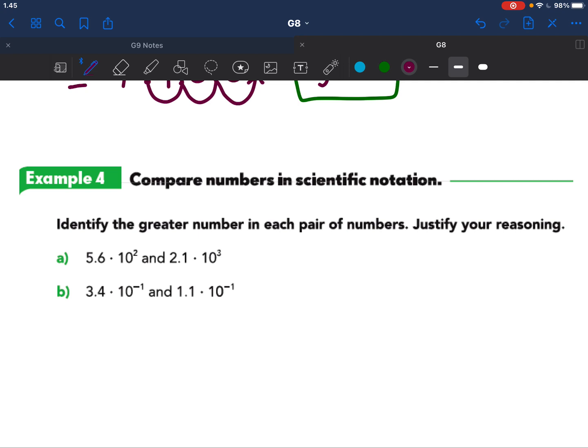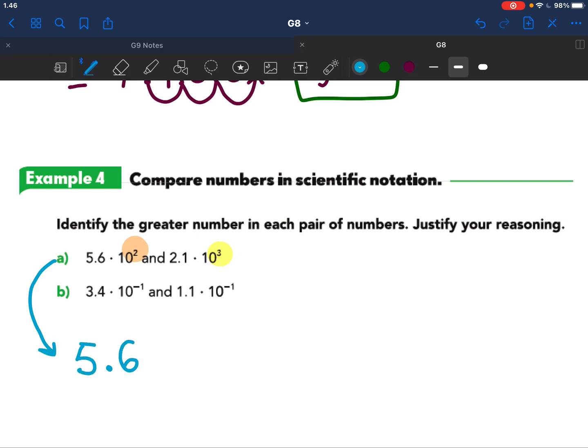If you were to only compare the coefficients, you can say 5.6 times 10 to the power of 2 is greater. But they have different exponents for their base 10. Here is 2 and this is 3. So the first thing that you can do is just expand both.